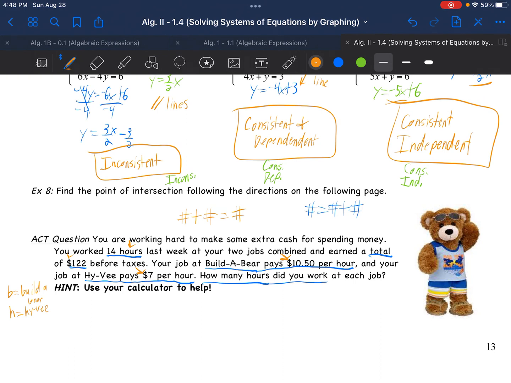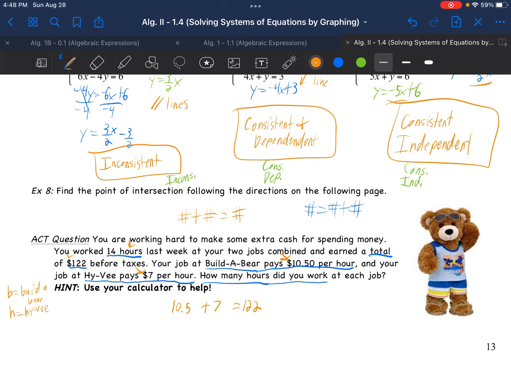So we have to figure out which two of those numbers are adding together and which one they're adding to. The one that makes sense for them to add to would be the total, so that'd be the 122. That means we're adding 10.5 plus 7 to get 122. Now you might be saying, well, Mr. Cosell, 10.5 and 7 don't add up to 122.